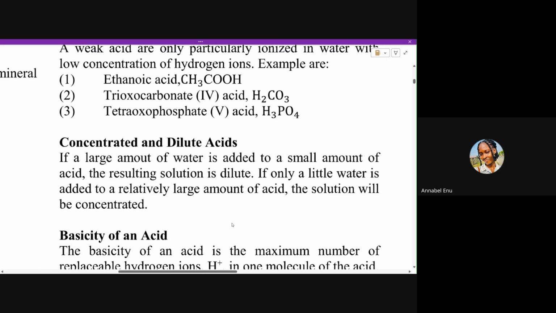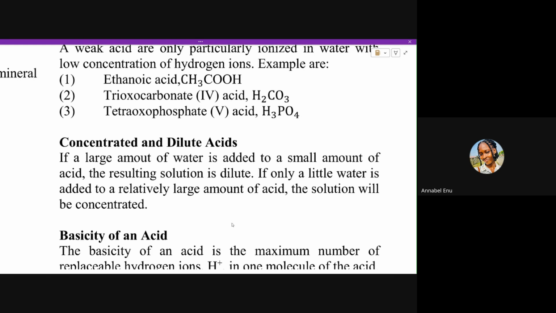So a concentrated acid has a high amount of hydrogen ion in it, while a dilute acid is an acid that we have poured so much water into, so it is now diluted, and the acidity in it is less than in the concentrated one.